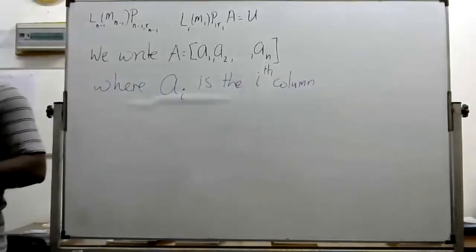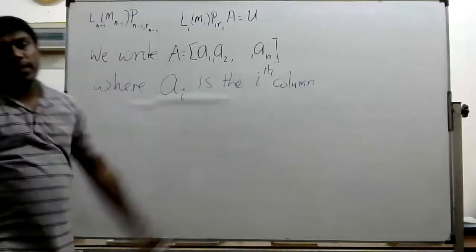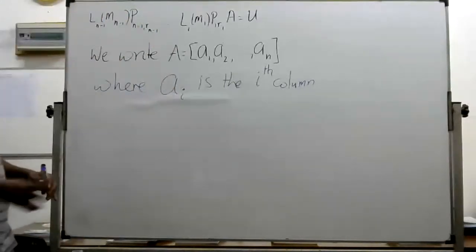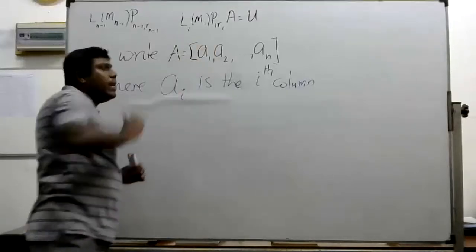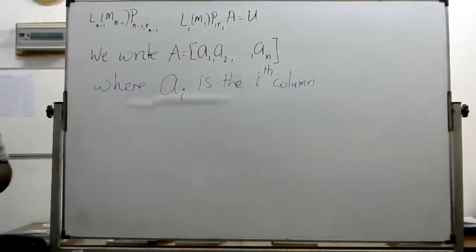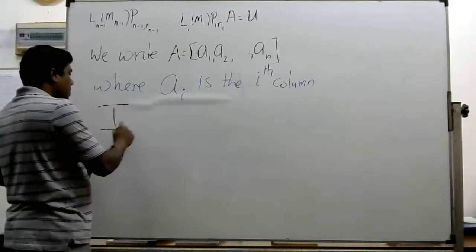Ai is the ith column of A. So you name the first column as A1, second column as A2, third column as A3, and so on. You know that you first want to eliminate the elements below the diagonal in the first column. If the first column is all zero, then you don't need to do anything, right? So that is the first case.